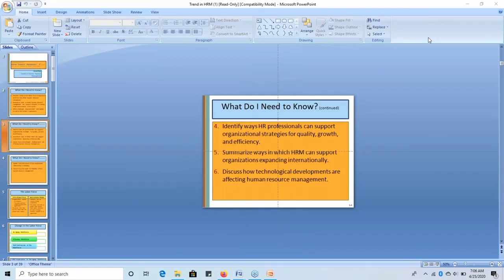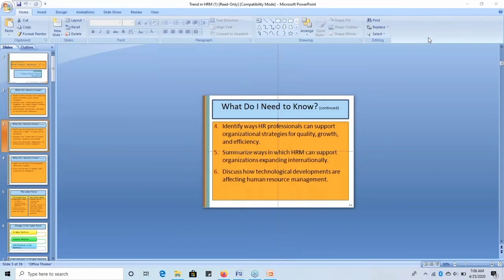Then you have to look out and find out some of these strategies that are geared towards quality. When we talk of quality, you think of hiring quality staff. You strive for organizational growth.